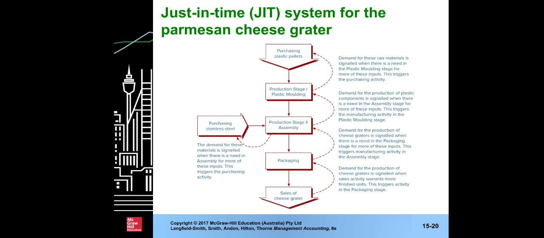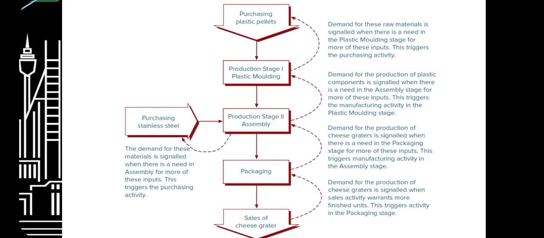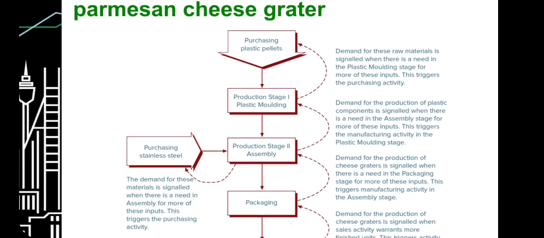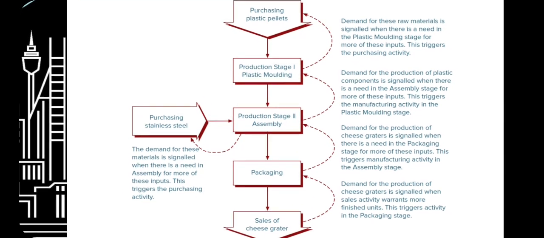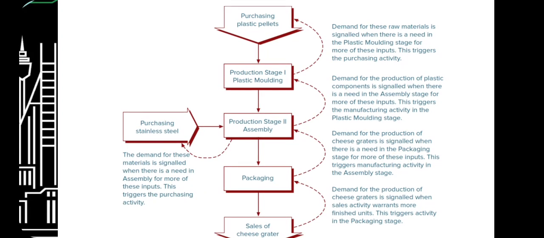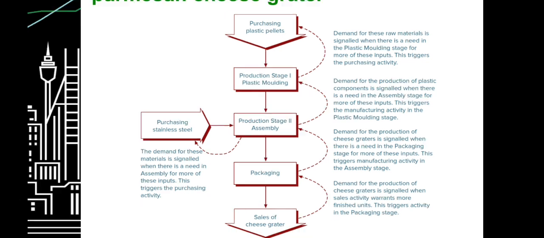They want the inventory when they need it in the production process. That is the thing. So if you see this figure, the business will request inventories when there is a demand for the product and demand for production. That is the thing about JIT.